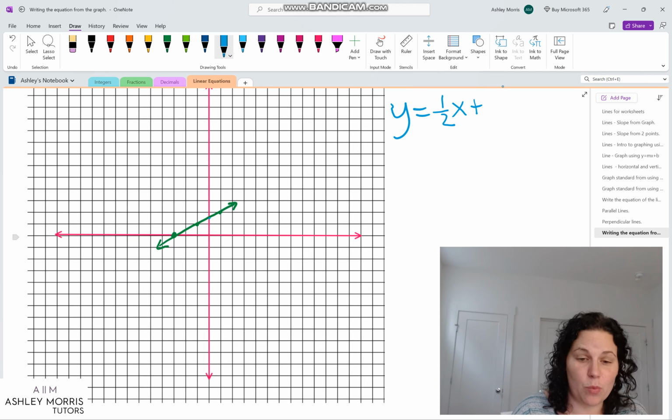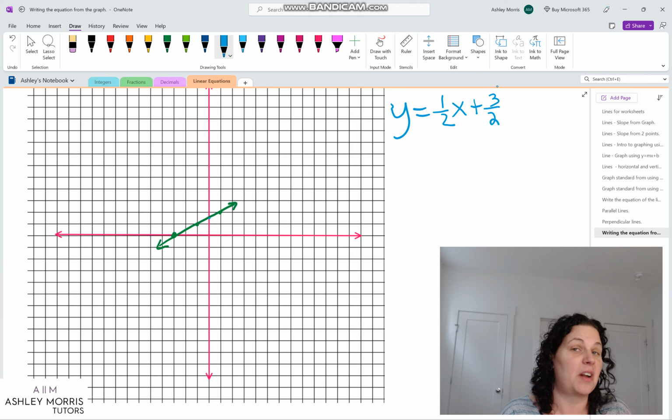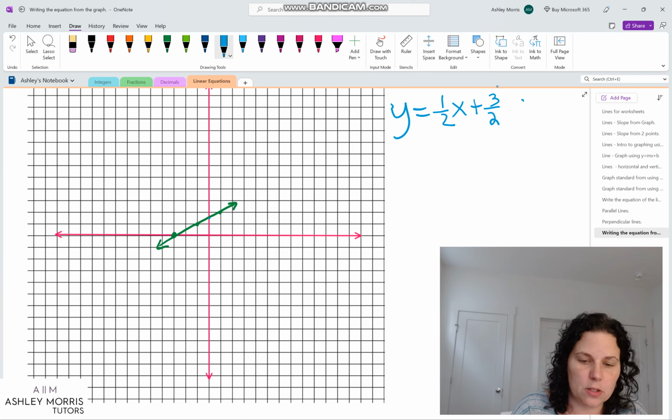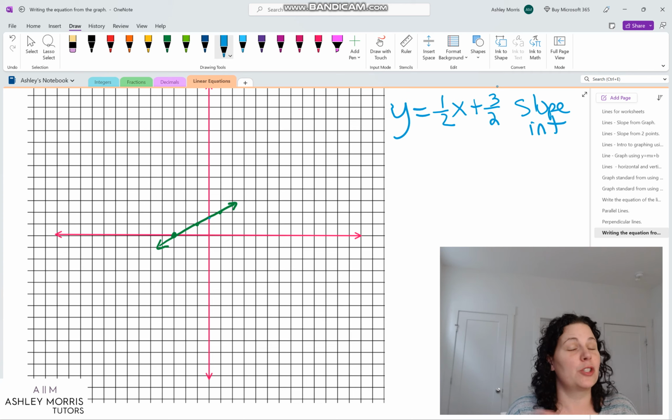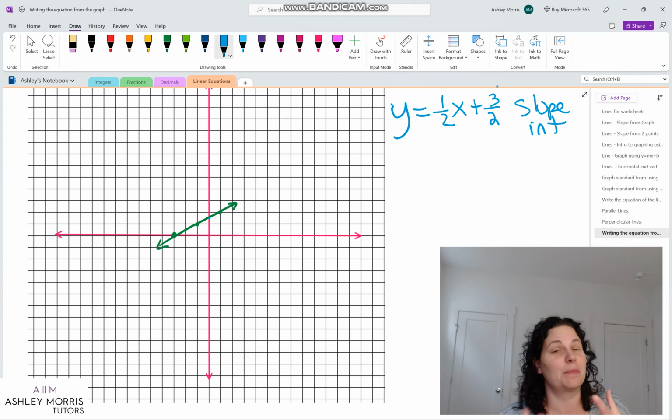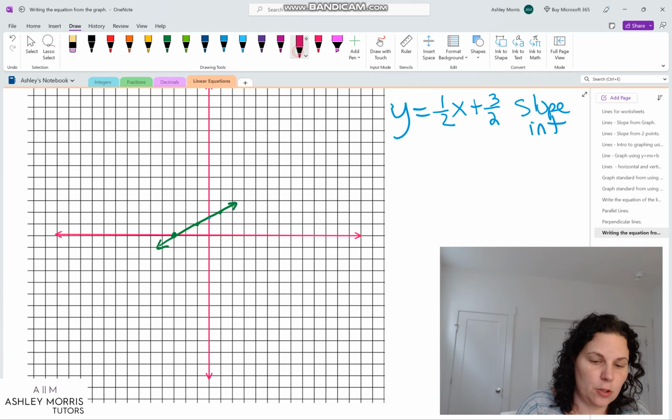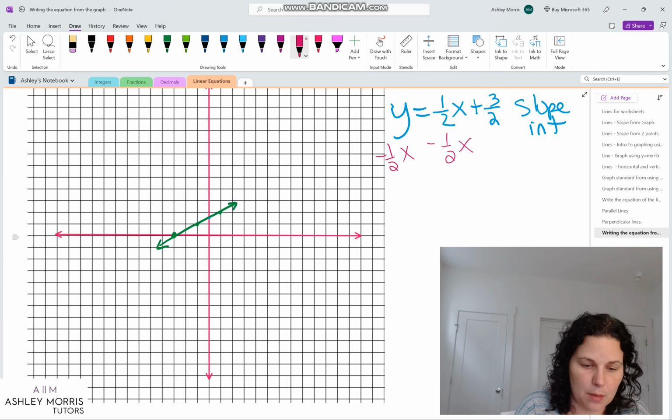So you can write 1.5, or you could do it as 3/2. I'm going to do it as a fraction just to keep all the fractions going so I don't have fractions and decimals. So that's slope-intercept. Again, 3/2, 1.5. It's about as close as I can get. Usually we don't do stuff like that, but I wanted to show you just because it does happen.